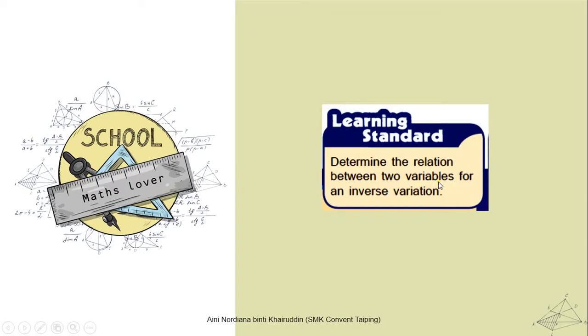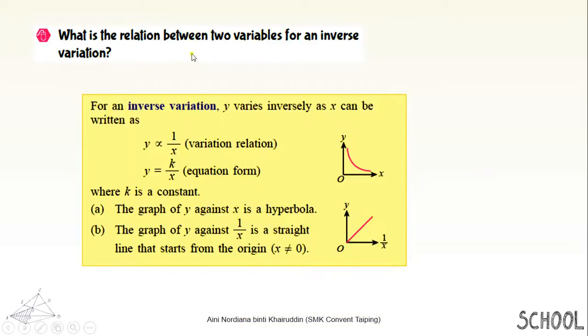So our learning standard is to determine the relation between two variables for an inverse variation. What is the relation between two variables? For an inverse variation, y varies inversely as x.